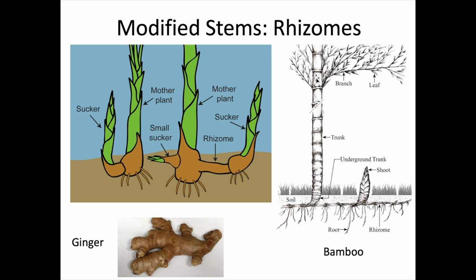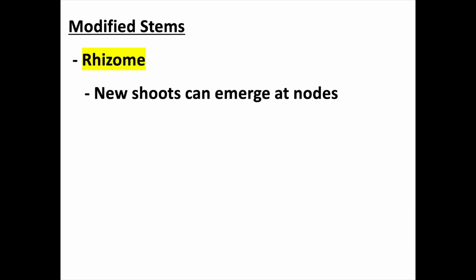In reality, it's probably just one single individual bamboo plant, but they've all connected themselves. It's one thing that's sort of spread out side to side underground. So this is a way for a plant to spread itself, putting up new shoots at these nodes. So again, underground, runs horizontally, new shoots can emerge at these nodes.